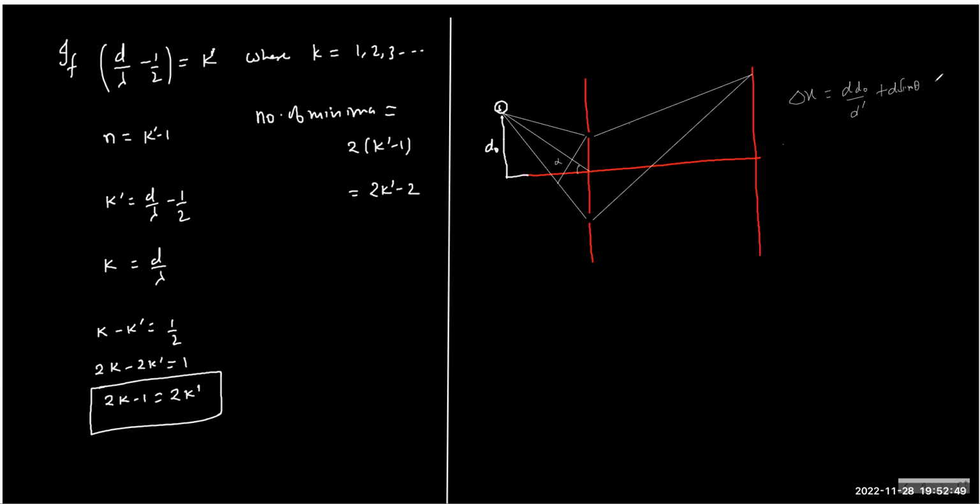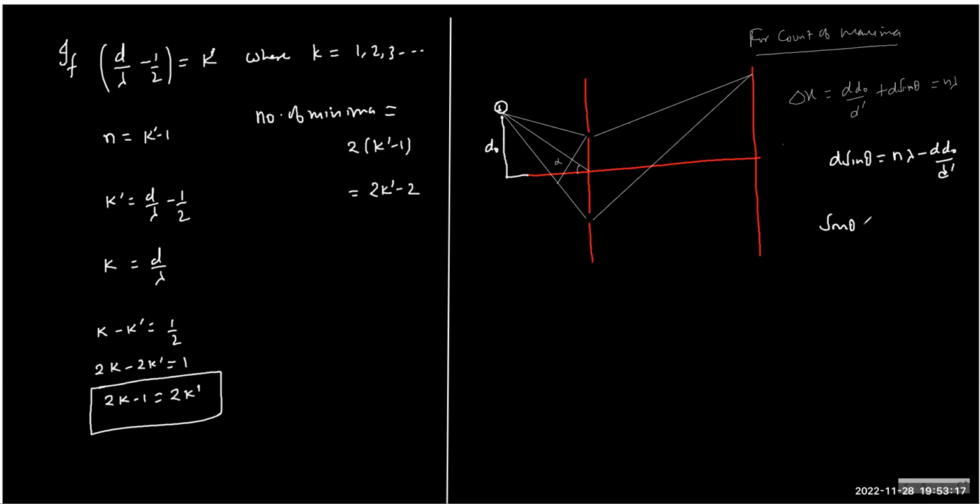Now this will be n lambda. So for the count of maxima, just understand how we derive it: d naught by d dash plus d sine theta equals n lambda. Then d sine theta equals n lambda minus d naught by d dash.